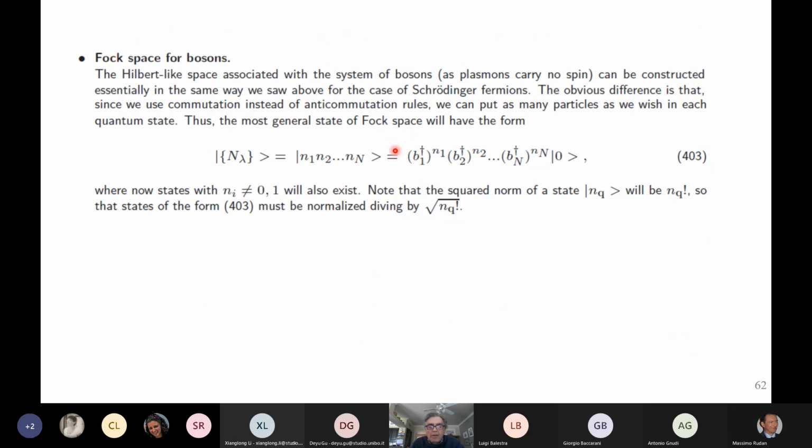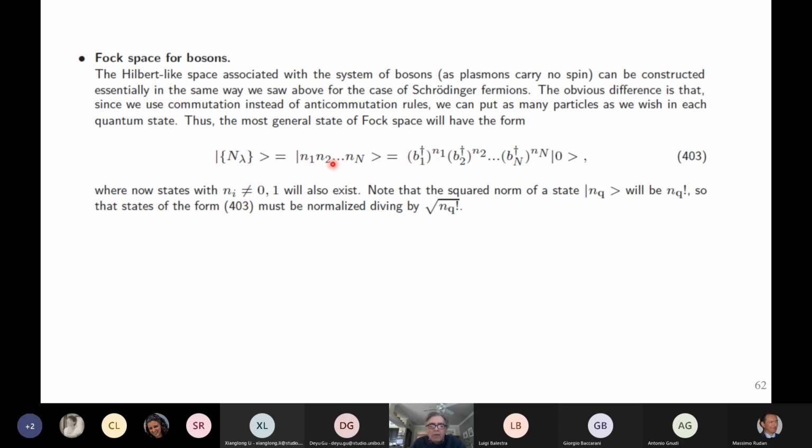If I have an extra B_Q here, I can move it across the B daggers n times, and the idea is to bring this B_Q operator facing the vacuum state. This will give me 0, and that's why I'm doing it, because it will be an annihilation operator of a plasmon on the ground state, which gives 0. But I'll be left with the leftovers of the commutation that I have to do in order to swap the B with a B dagger.